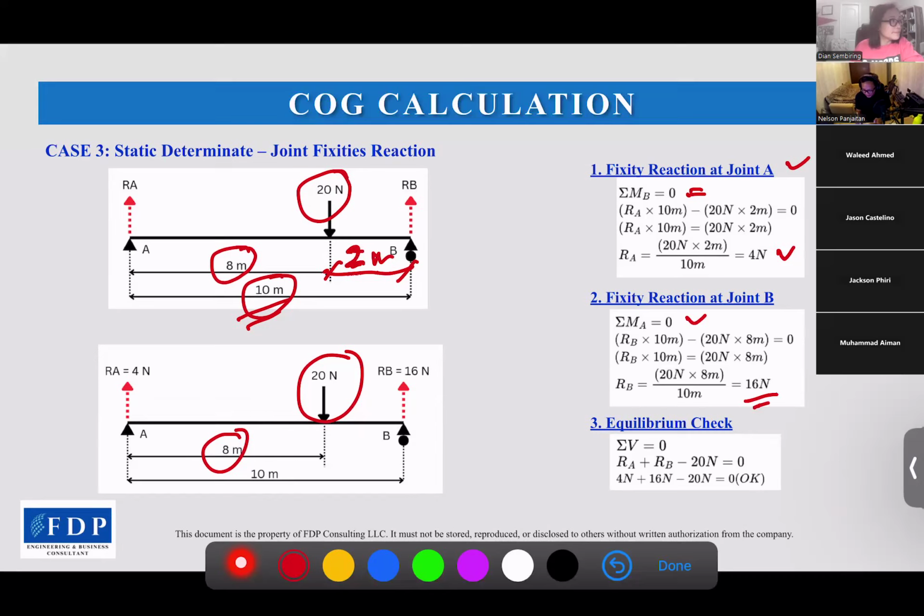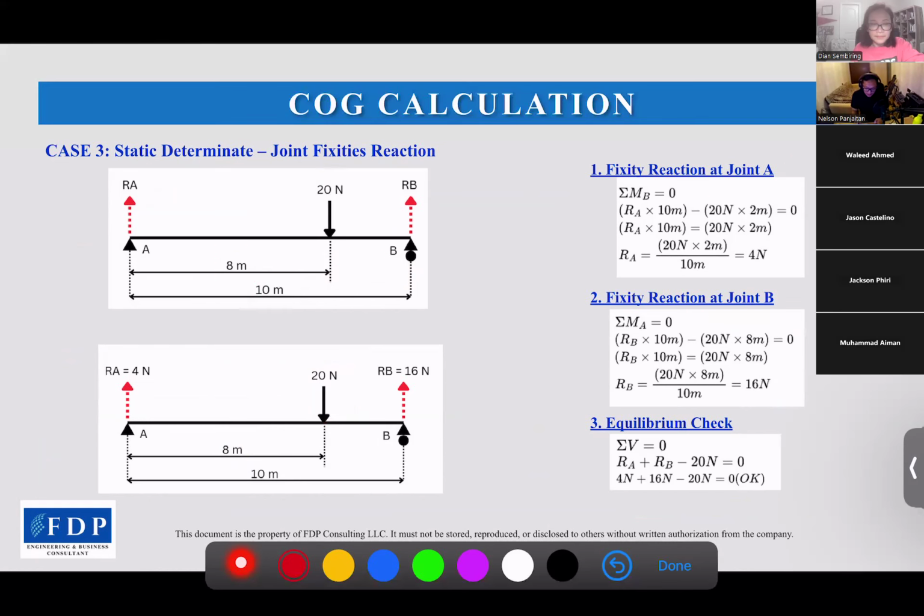Then we go to the equilibrium check. RA plus RB minus 20 Newton. RA we get 4 Newton, RB is 16 Newton. So the total is 20 Newton minus 20 Newton. We got 0. Then we are in equilibrium. So that's for case 3.